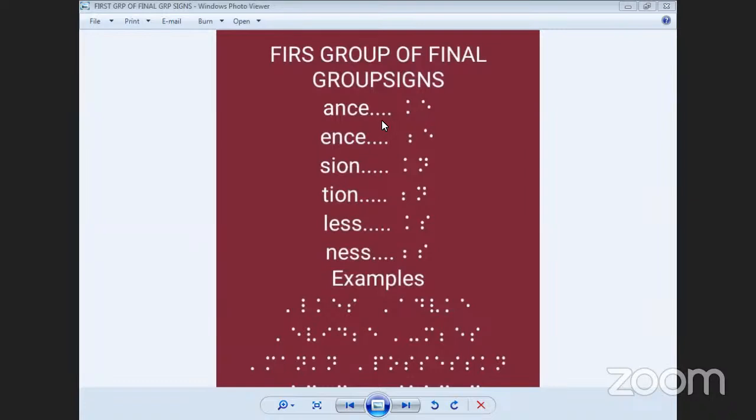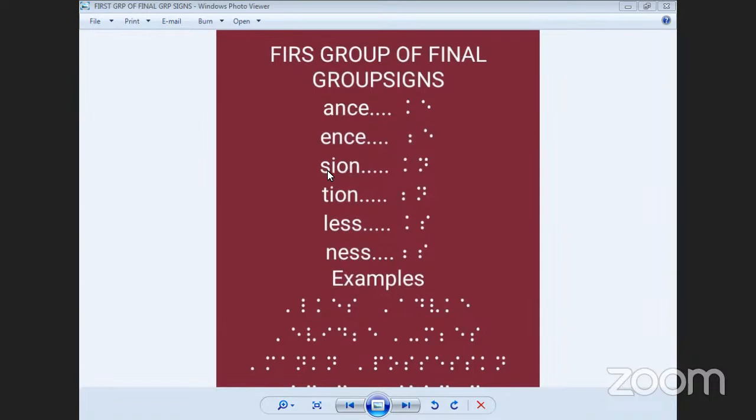That is, in ance, we are having dots 4, 6, E. And in ence, we have 5, 6, E. The first two are both with the letter E, with dot 46 and dot 56 representing ance and ence respectively.